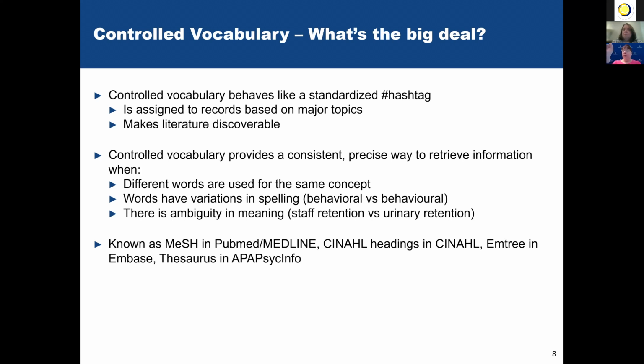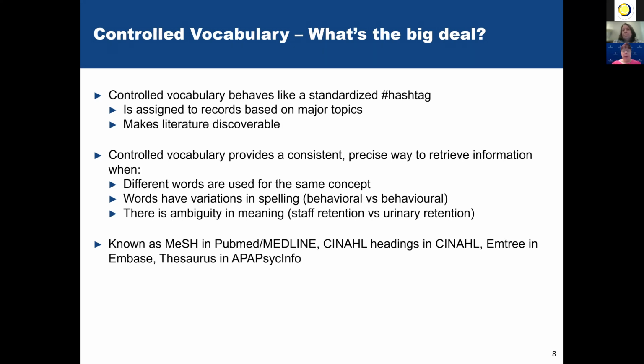By searching in MeSH on myocardial infarction, which is the controlled vocabulary term for that, you'll get every article in PubMed that talks about heart attack, regardless of whether the author said heart attack, myocardial infarction, or if they used it in the title or abstract or not. If they had a cute title, didn't say myocardial infarction or heart attack, but that is what they're talking about, the indexer will assign that subject heading.